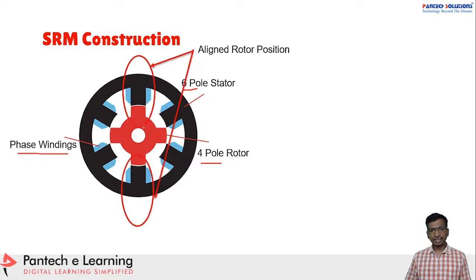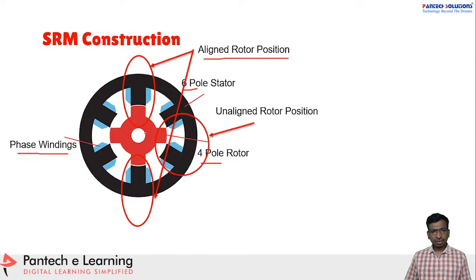Now you can understand this position. The rotor and stator have aligned in some of the phases. That is called the aligned rotor position. Similarly, the rotor and stator in some phases are not aligned, right? So this is called the unaligned rotor position.